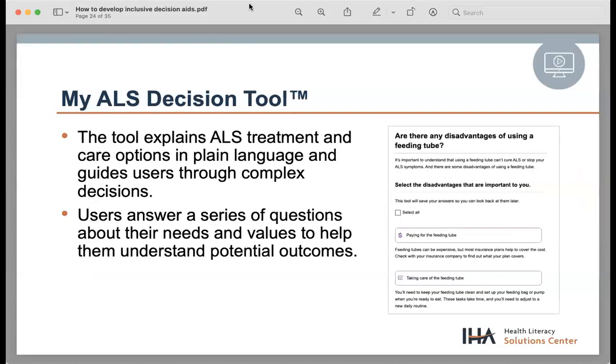So this tool explains ALS treatment and care options in plain language and guides users through those complex decisions. Users answer a series of questions about their needs and values to help them understand the potential outcomes. In this example, we have a screen that talks about the disadvantages of using a feeding tube, and here we are allowing users to select the disadvantages that matter to them. Here we talk about the cost of a feeding tube.